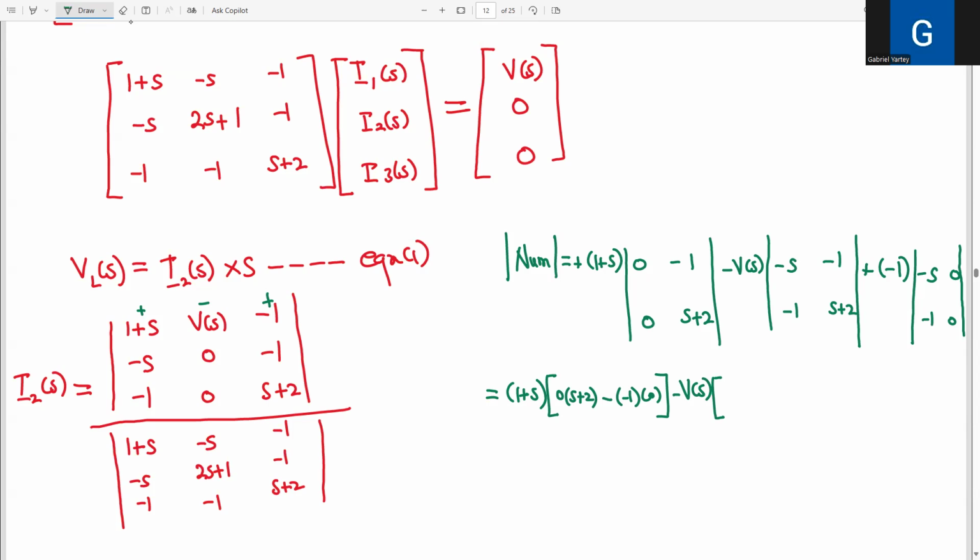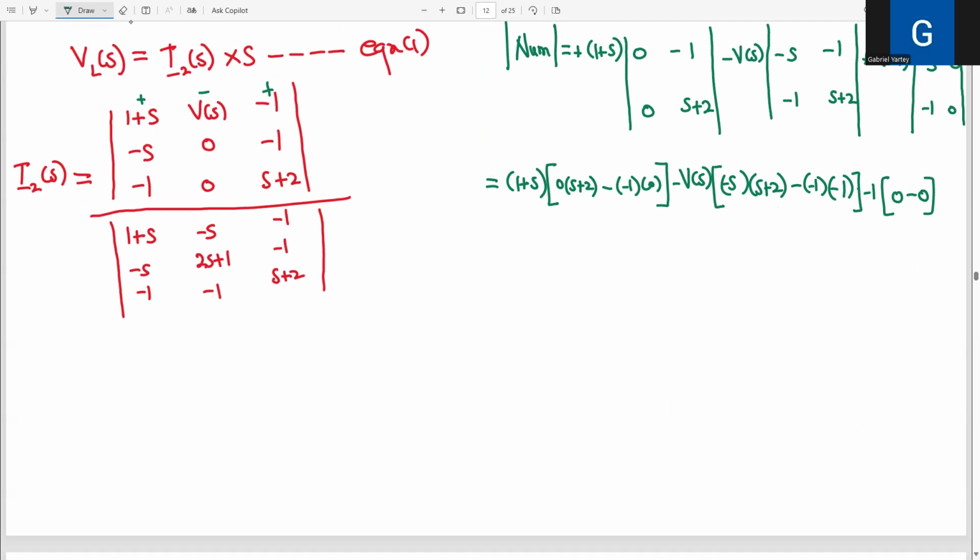You do the same thing here. Minus 1, minus 1, minus 1. This gives you 0 minus 0. One plus S. This whole thing here gives you 0. 0 minus 0.